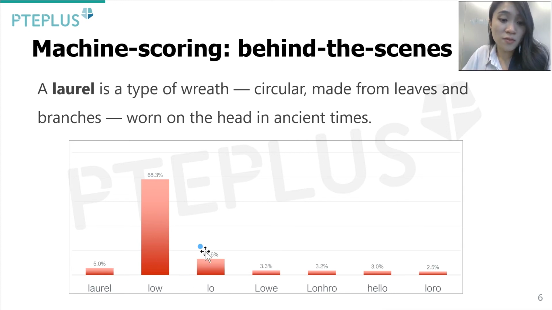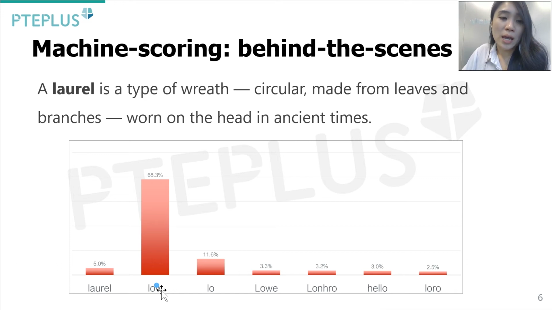And then for each of these possibilities, what it does is also calculate a probability or how close to that possibility it is that your speaking sounds like. So in this case, the machine thinks that, oh, this student, when they're saying this word, it sounds the most like low.